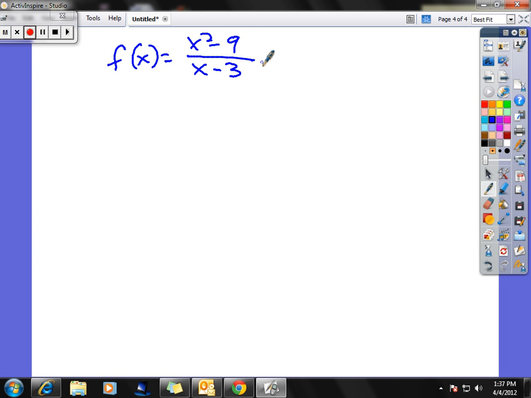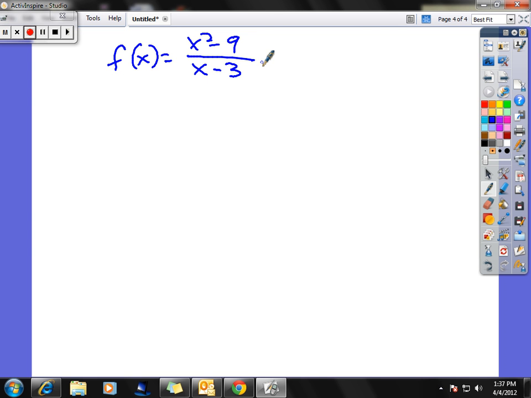Does this have a discontinuity? Yes. What kind is it? It's removable because this can be factored and canceled. Because it has a denominator that can be 0. So anytime the denominator can be 0, you have a discontinuity. It's going to be one of 3 types. With a denominator involved, it's either a vertical asymptote or a hole. And it's a hole because you can cancel it. If you can't cancel it, it'd be a vertical asymptote.